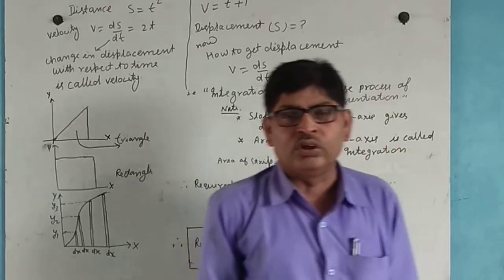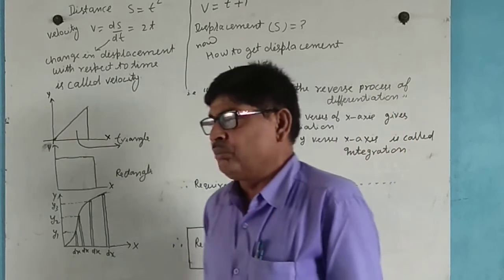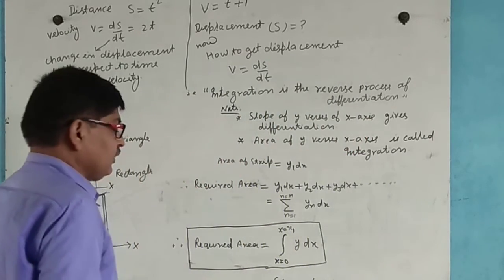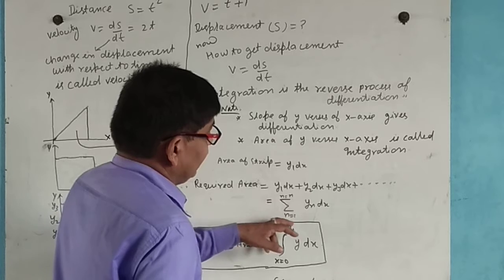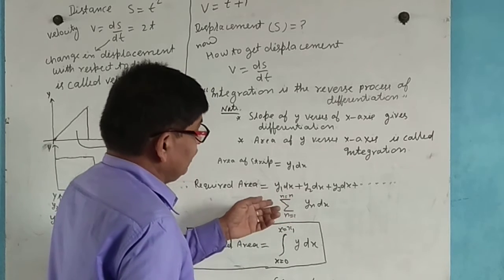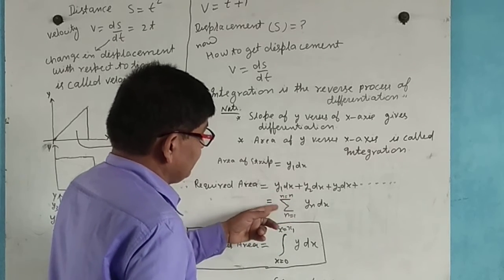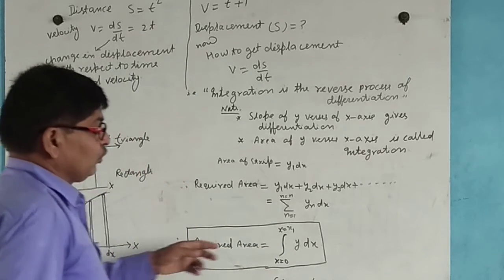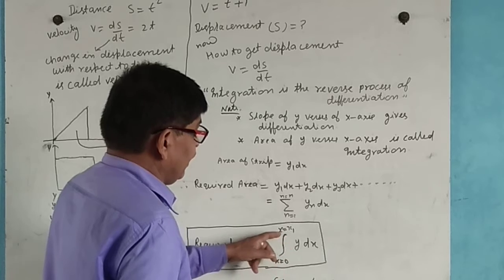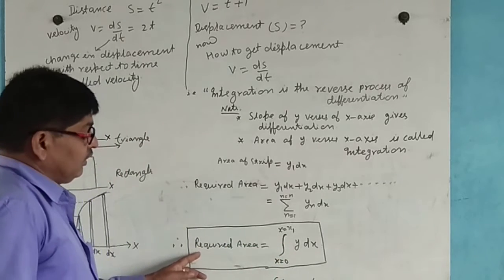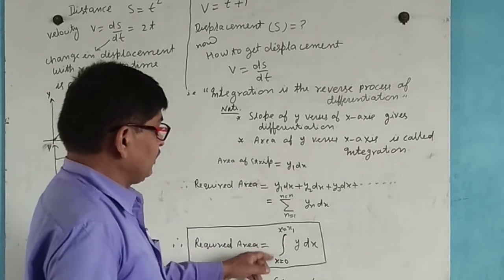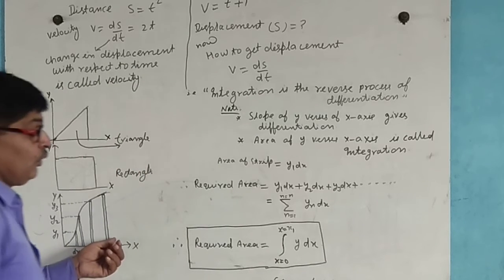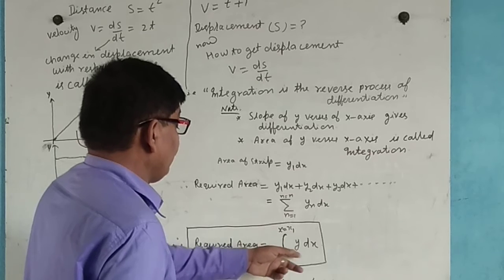To calculate the total area for this problem, we replace the summation sign with the integration sign. Required area equals the integral from x equal to 0 to x equal to, suppose, x1 of y dx.